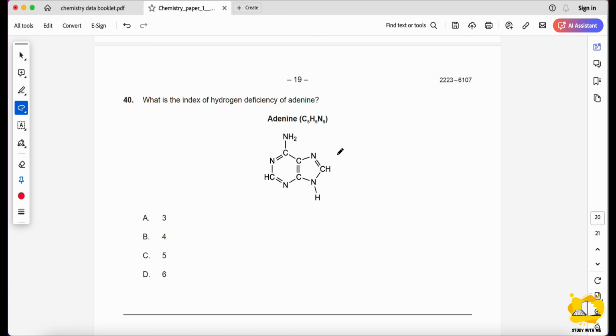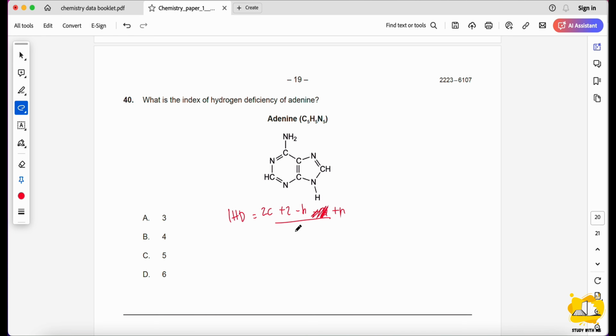Okay, what is the index of hydrogen deficiency of adenine? Okay, the formula will be 2C plus 2 minus H minus X as a halogen plus N. We don't have halogen.